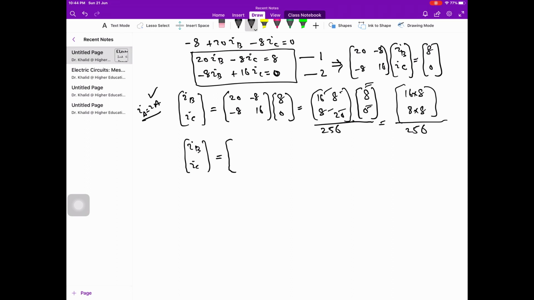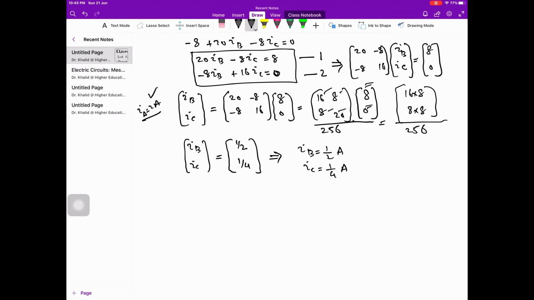It is 16 multiplied by 8 divided by 256. So this is 1 by 2, and the next is 8 multiplied by 8 divided by 256, and this is 1 by 4. It means that IB is 1 by 2 ampere and IC is 1 by 4 ampere.